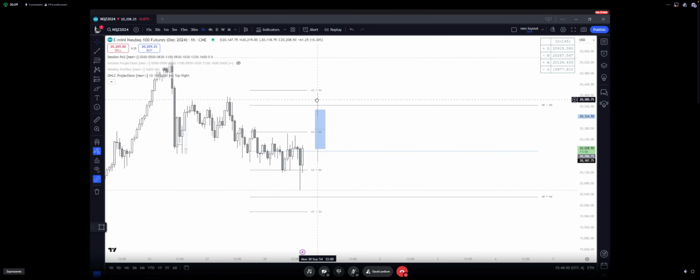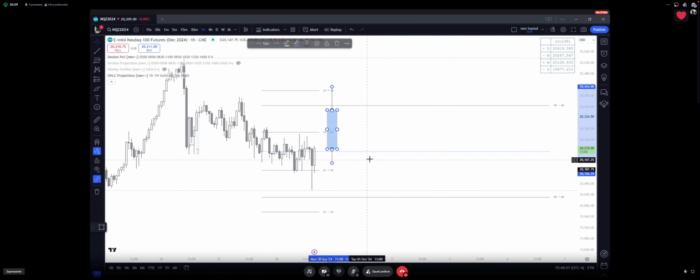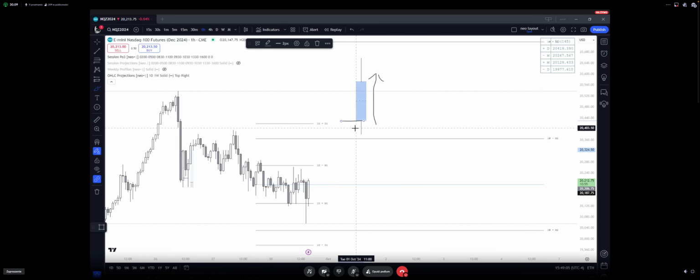So you've got your hourly chart, that's where we are right now, but the indicator itself is looking at the daily chart. It's looking at every single candle, and let's say this is a bullish candle that closed upwards, right? This is going to be the open level, and then below the open level, the wick is the manipulation level, and then the top of the candle is going to be the distribution level.